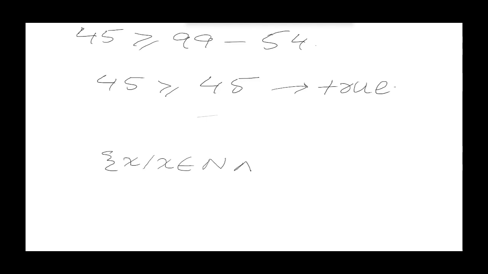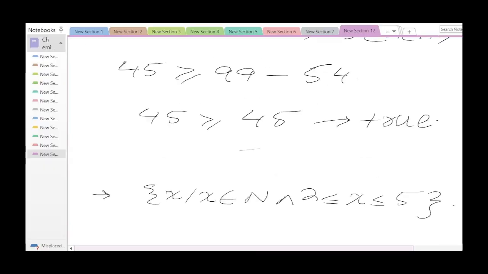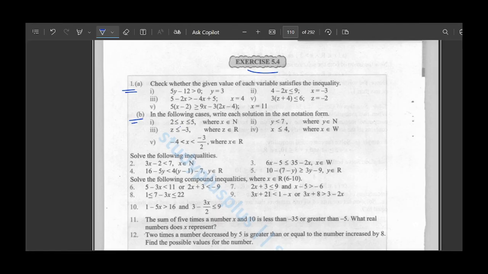So we write 'and', then 2 is less than or equal to x is less than or equal to 5. So this will be our answer for part B of question number 1.